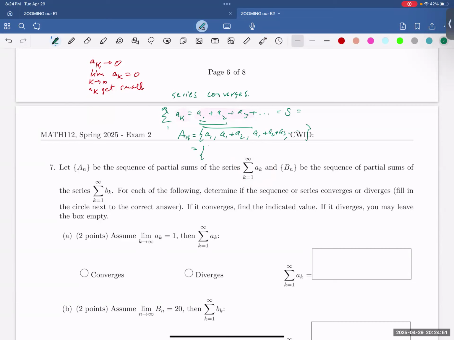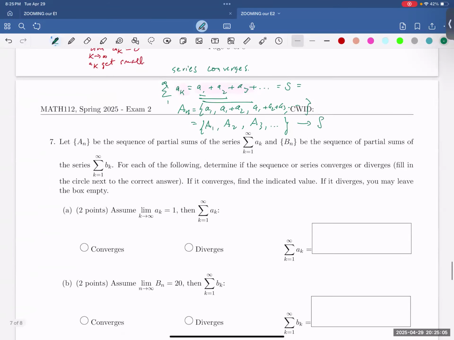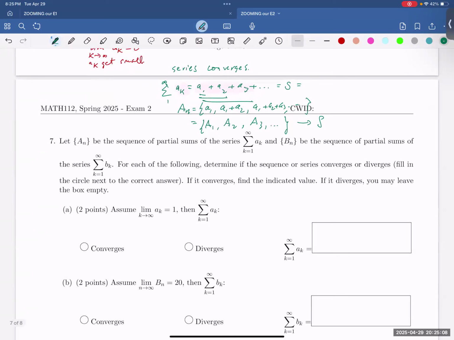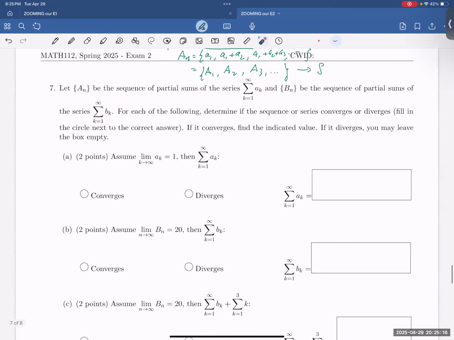A1 is A1, A1 plus A2 is A2 (capital), A1 plus A2 plus A3 is capital A3, and so forth. These are converging to the sum, just like the series is converging to the sum. So that's the situation: A sub n is the sequence of partial sums for A sub k, B sub n is the sequence of partial sums for B sub k, and then answer the questions.